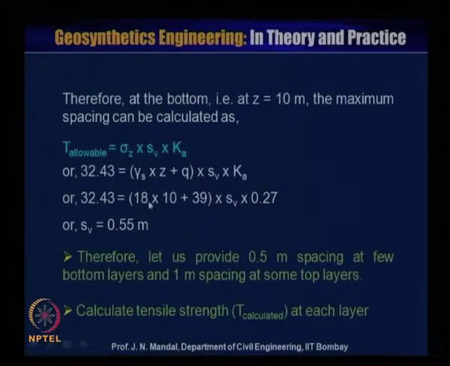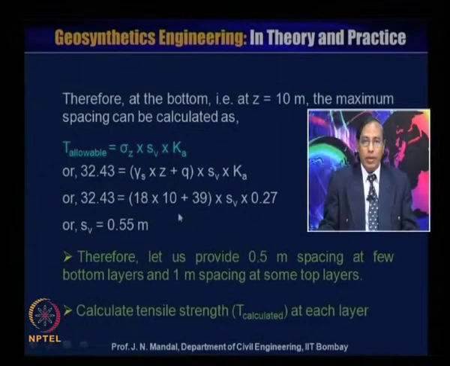So gamma s is 13, z at the base of the wall is 10 meter, surcharge load Q is 39, and Ka is 0.27. From this equation you have to calculate the SV spacing between the two reinforcements. So SV can be calculated as 0.55 meter. Therefore, let us provide 0.5 meter spacing at a few bottom layers and then 1 meter spacing at some top layers.